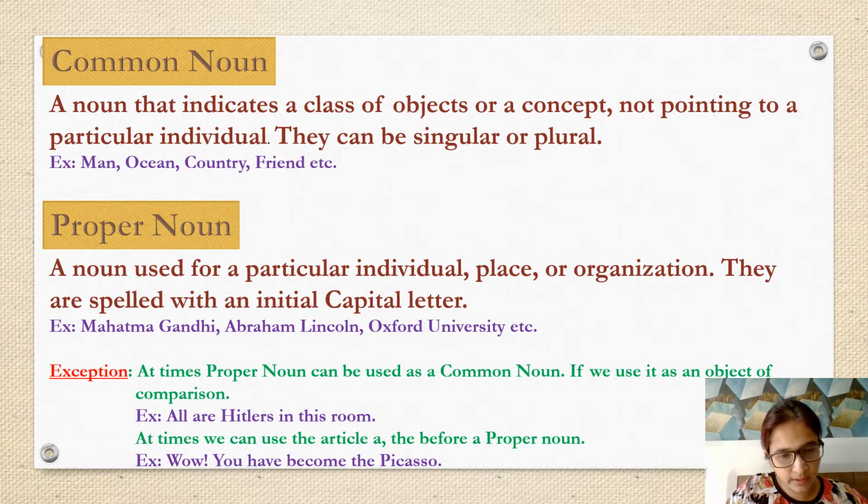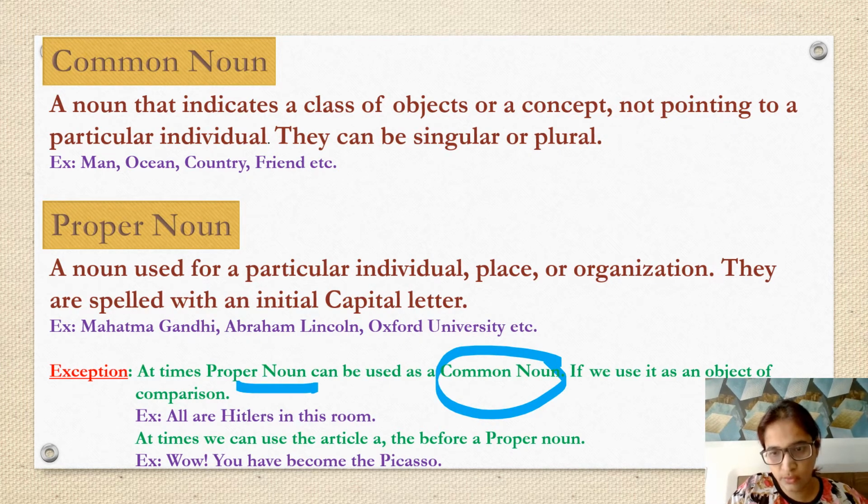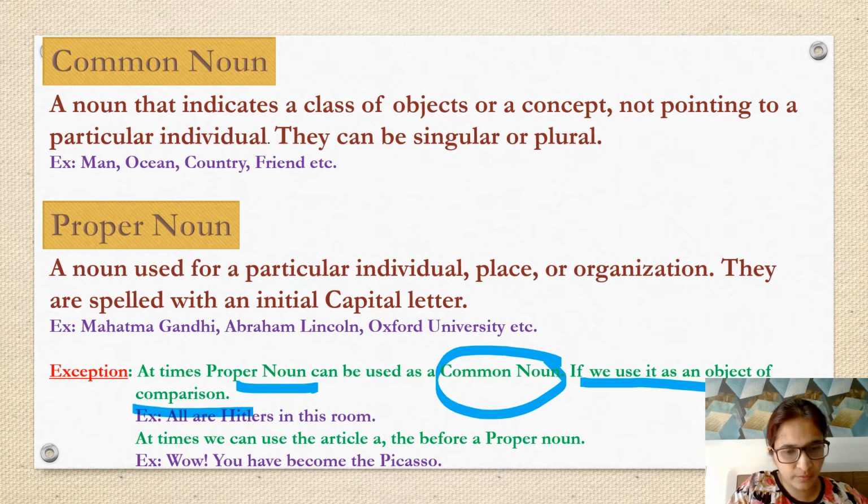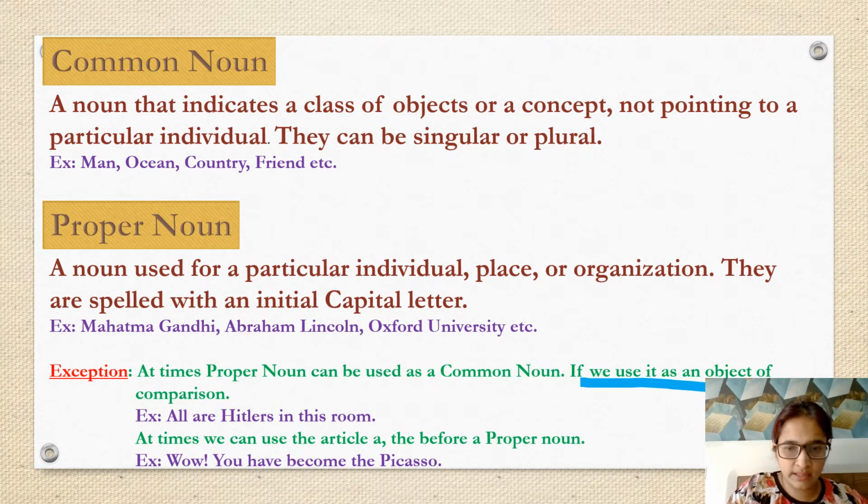Now let's see what exception there is in this case. At times proper nouns can be used as common nouns. This is an exception where a proper noun is used as a common noun if we use it as an object of comparison. That is the main point here. For example, all are Hitlers in this room.